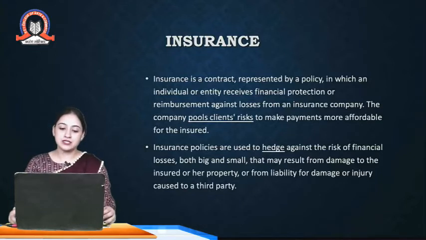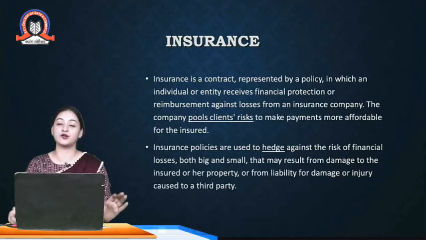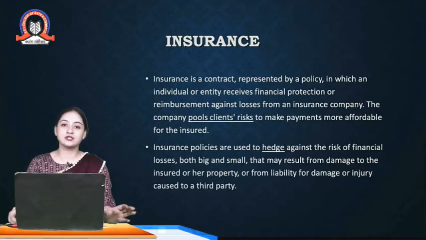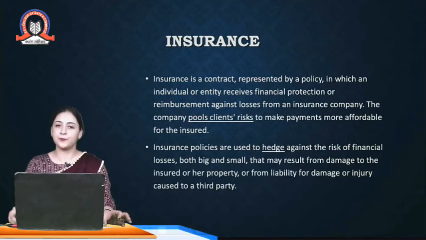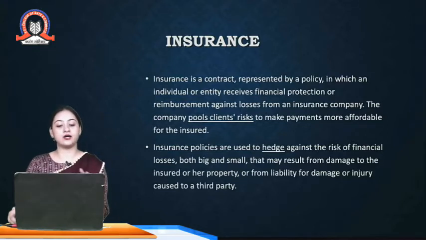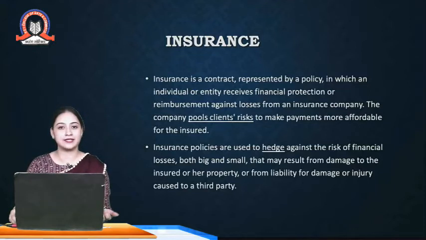Insurance policies are used to hedge against the risk. This is kind of a shield we are using against the problems of financial losses, both big or small, that may result from damage to insured or her property from liability or damage or injury or whatever the case may be.